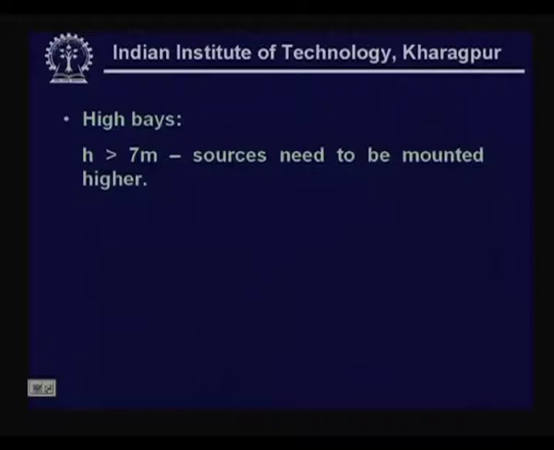Here I must remind once again the concept that illuminance at a surface due to a point source varies with the square of the distance to the point source location, whereas in the case of a line source it varies inversely with the distance, and in the case of a large sheet of light it will be independent. So that is how we say that sources need to be mounted higher.